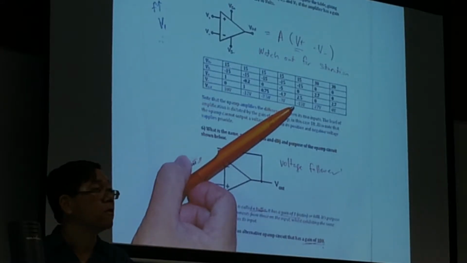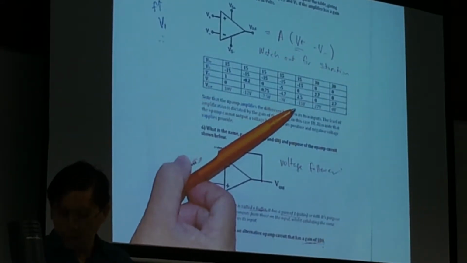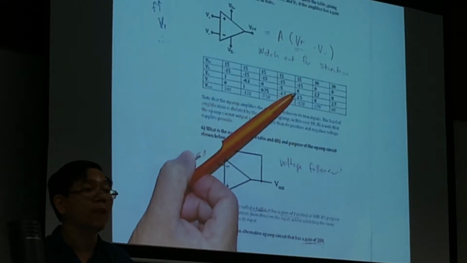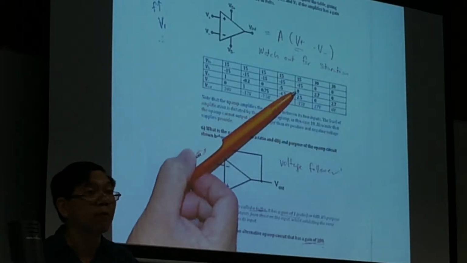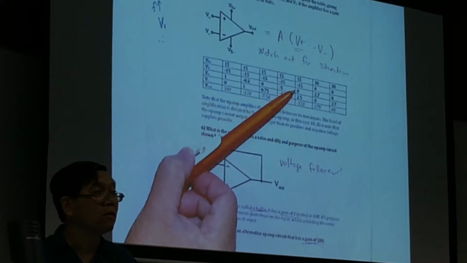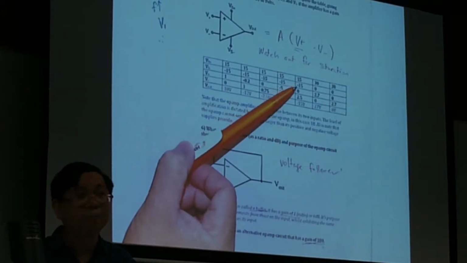Got it? For this case, 0 minus 2.5 will give you negative 2.5, times your gain, minus 25, right? But your supply voltage is only up to minus 15, right?